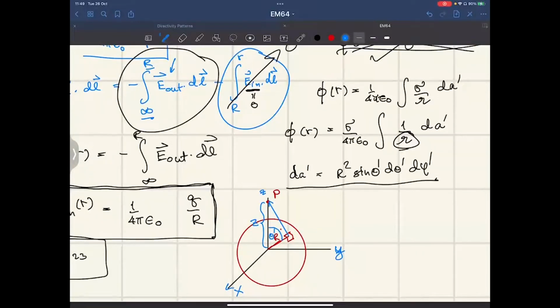Okay, and this is the distance, the separation vector. All right, so our R here is what? Is R minus R prime, right? R is the location of the observer. Okay, so our observer is here, and our source, our charge is here.